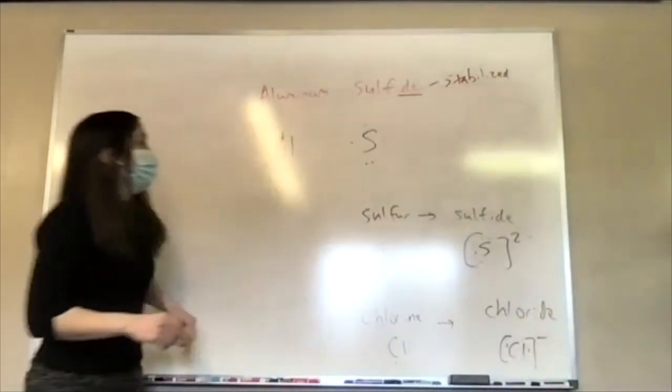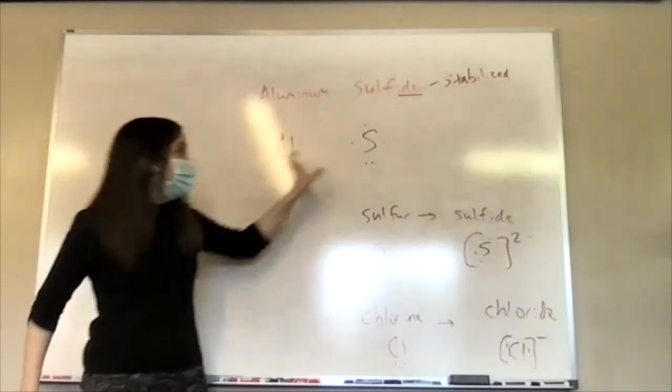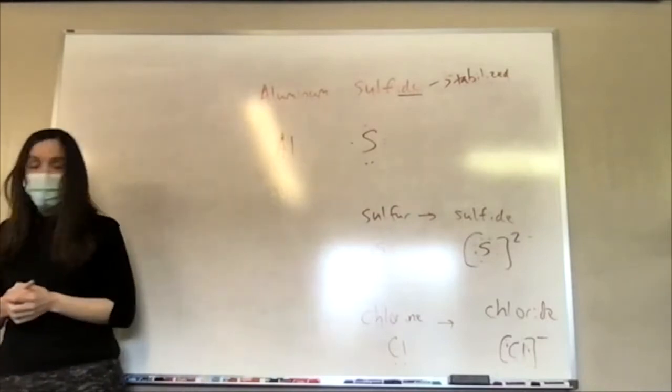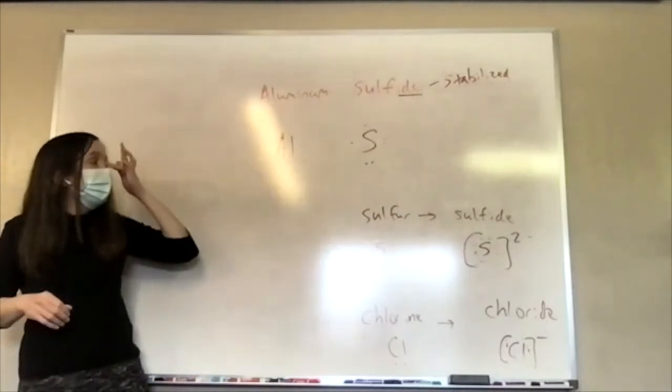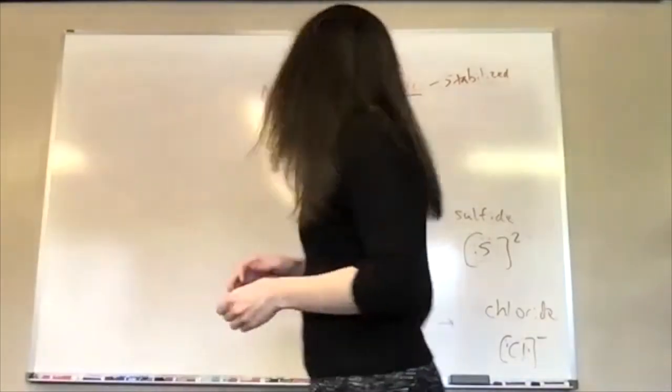Exactly. So what we're going to do is show the stabilized form of this compound, where sulfur would take electrons to get 8, and aluminum would lose electrons. So aluminum would want to lose 3, sulfur would want to gain 2 to become stable.